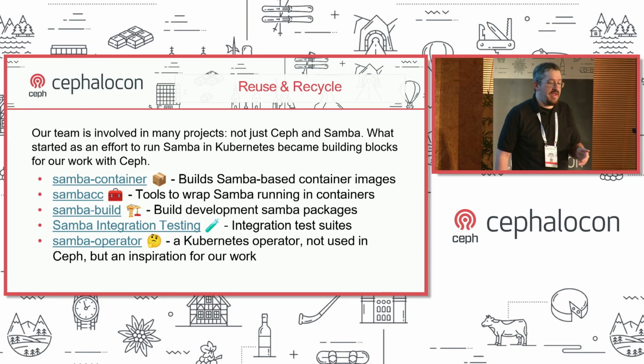But the important thing is we have a little umbrella organization that we have called Samba and Kubernetes. However, Kubernetes isn't really involved in this work, but we had originally started writing a Samba operator. We don't use it in our Ceph integration, but it served as an inspiration for a lot of the development effort once we started working directly in Ceph.